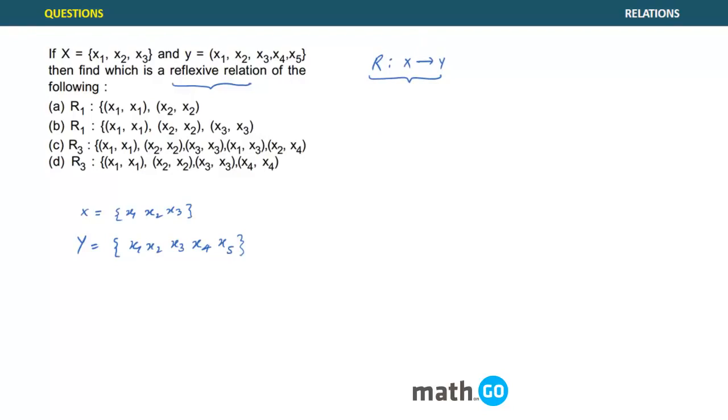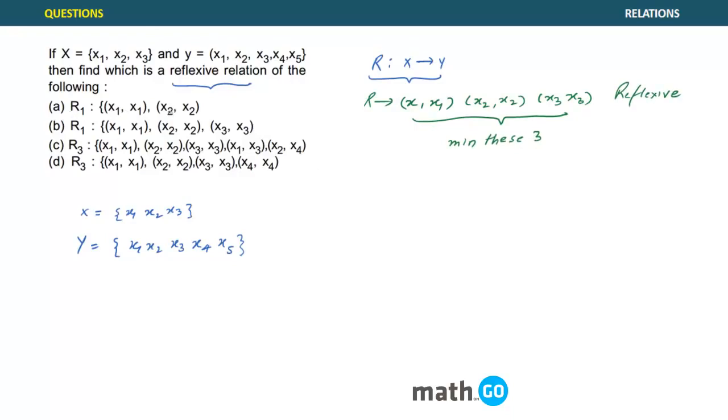So if this has to be reflexive, what are the minimum elements which should be there in the set? If it is reflexive, x1 should be there, then x2 should be there, and x3 should be there. So the relation should have at minimum these 3, right? If these 3 are available, then only we'll talk about the property of reflexive. Now let's go on and see.